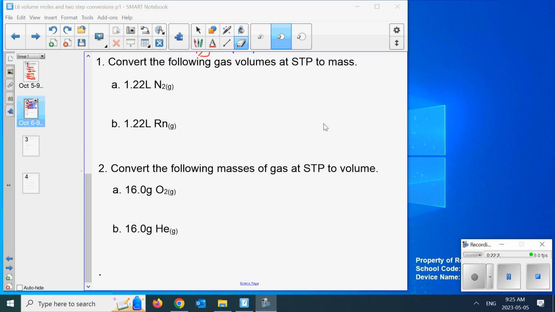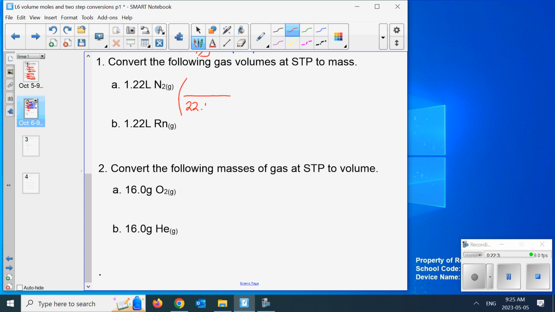So, going over these answers. You got liters on the 1A and B. They're both starting off the same way, by getting rid of liters, put it on the bottom. At that point, I'd have moles of N2. I want to get mass, so I'm going to put the grams on the top, get rid of the moles. On the bottom, moles.